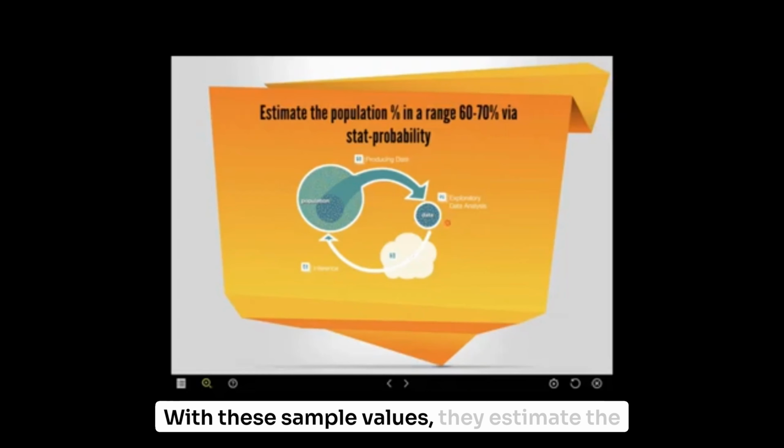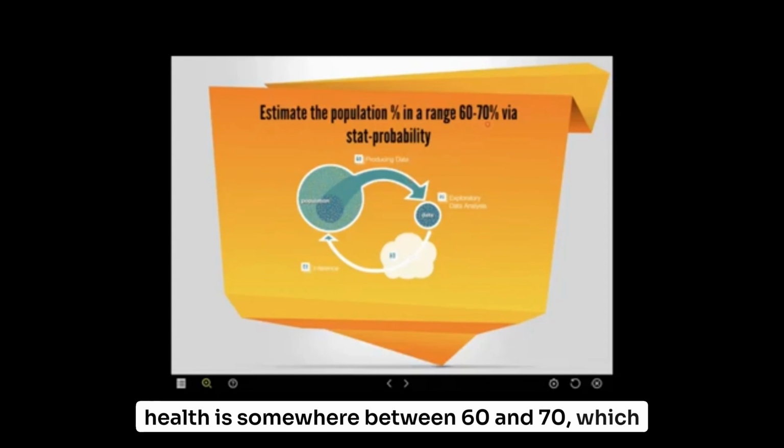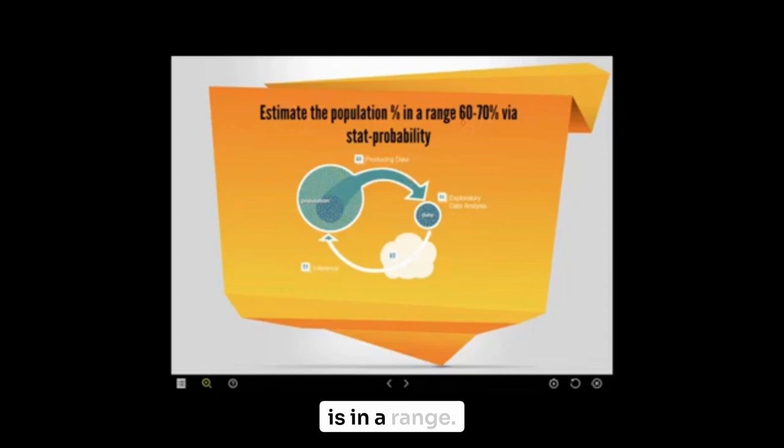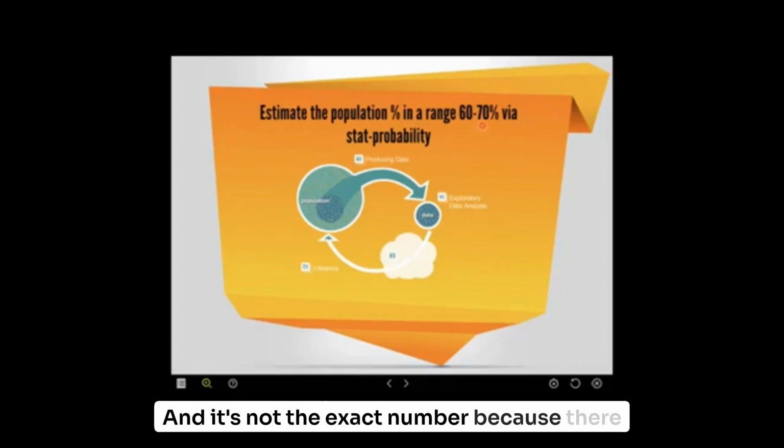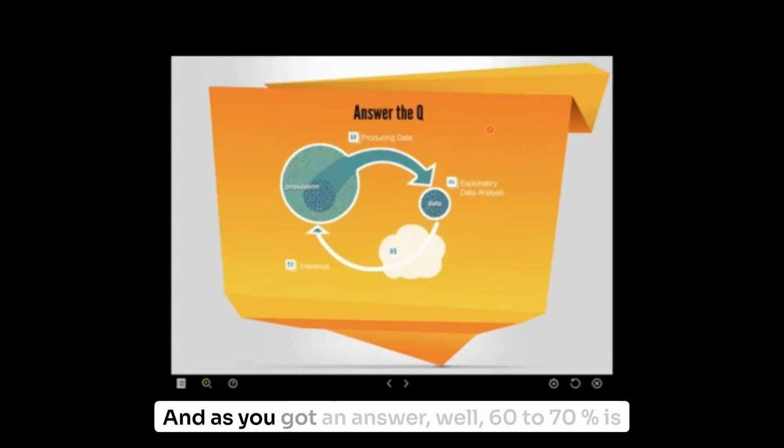With these sample values, they estimate the population values with a certain confidence and say that, well, we are 95% confident that the percentage of people who are in favor of death penalty is somewhere between 60 and 70, which is a range. It's not the exact number because there is no way to find out the exact number. But with certain confidence, you can estimate the population values in a specific range of values. And thus you got an answer.